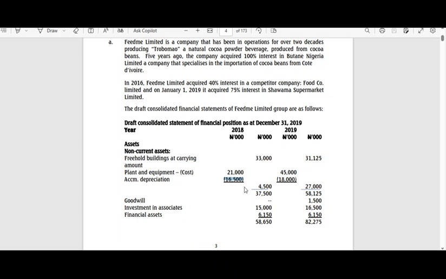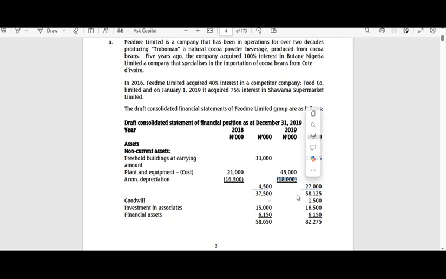Now, in 2019, it has accumulated to 18,000. What does that tell you? How much depreciation has been added to it? 1,500, sorry, 1,005 has been added to it.